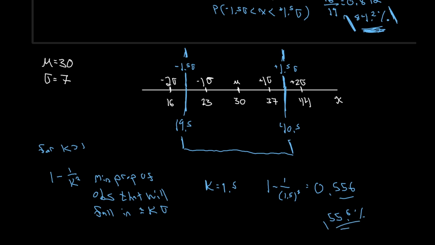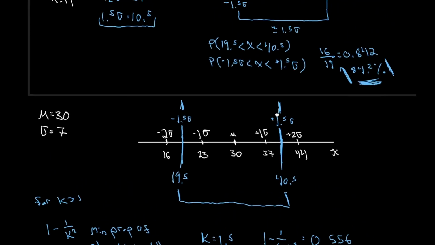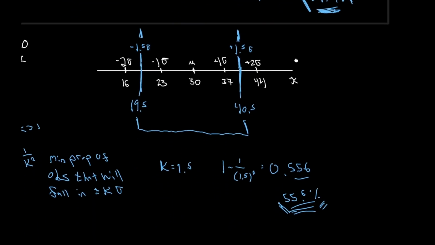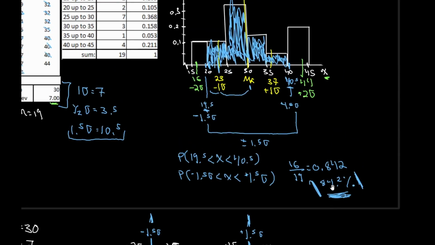55.6%. Okay. And you might be looking at this and going, wait. We just said we had 84.2% of observations within plus or minus 1.5 standard deviations, right?